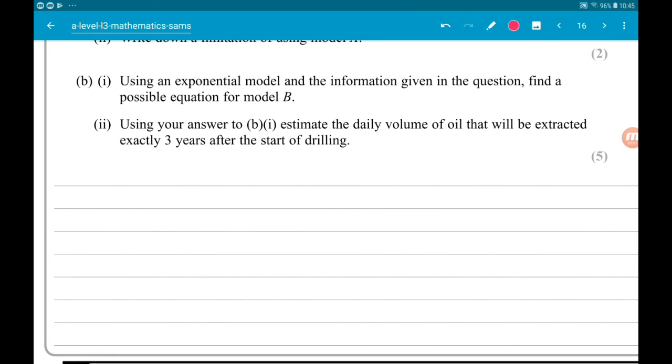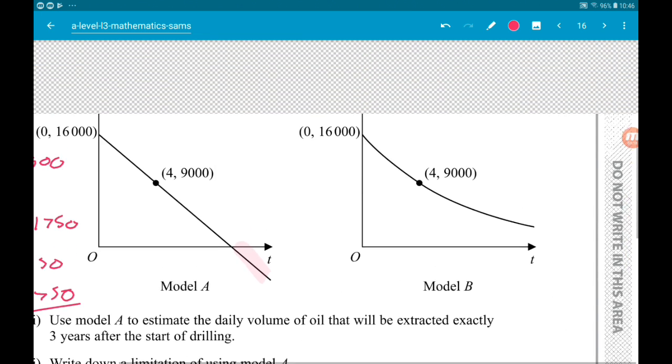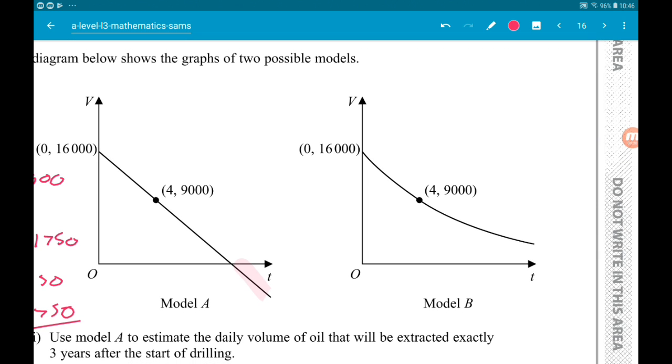Okay, then B part 1 says, using an exponential model and the info given in the question, find a possible equation for model B. Okay, so with model B, we can see it's exponential, although it's exponential decay.